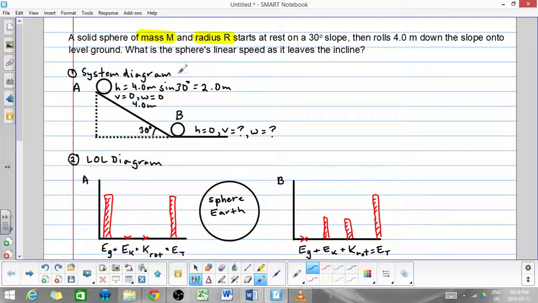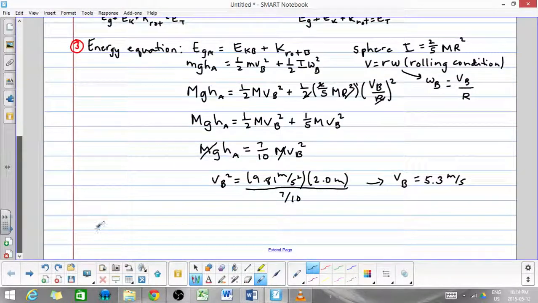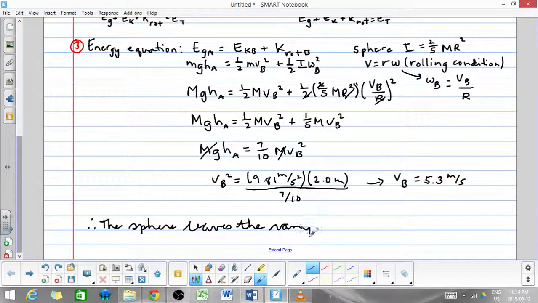What is the sphere's linear speed as it leaves the incline? Therefore, the sphere leaves the ramp at 5.3 meters per second.